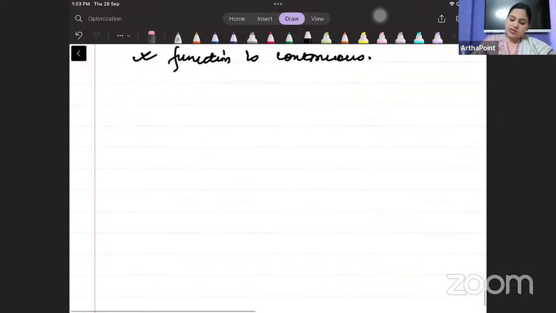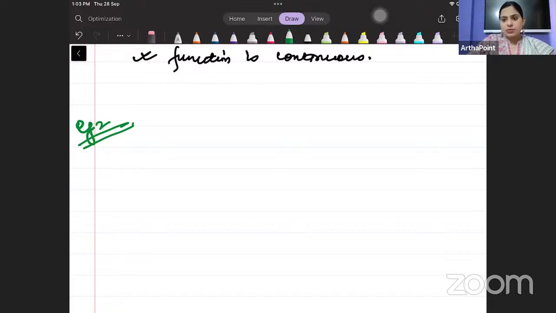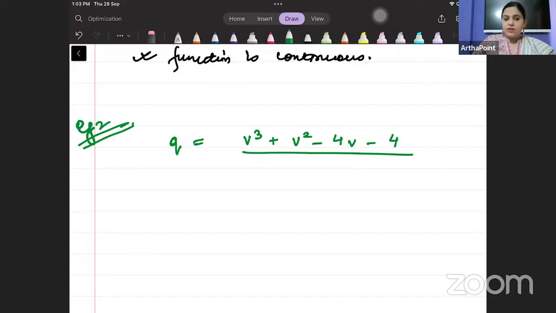But I will take one more example. Example number 2. This will require some practice. You have to practice it with me, only then will it make sense. Okay, beta, so I will take one more example here. Supposedly the function given to you is v cube plus v square minus 4v minus 4 upon v square minus 4, right?